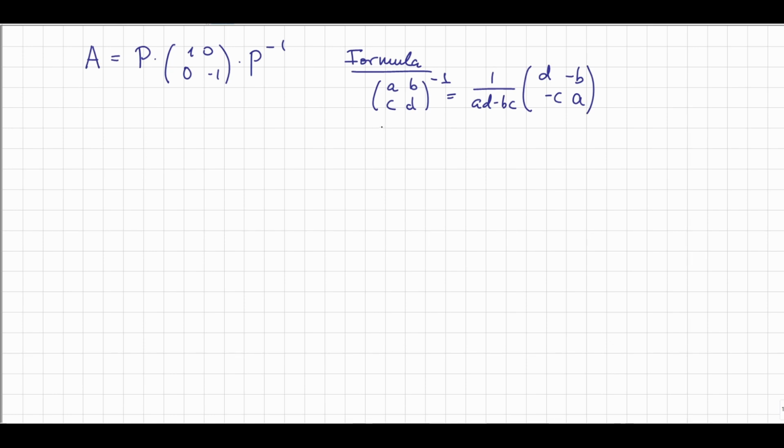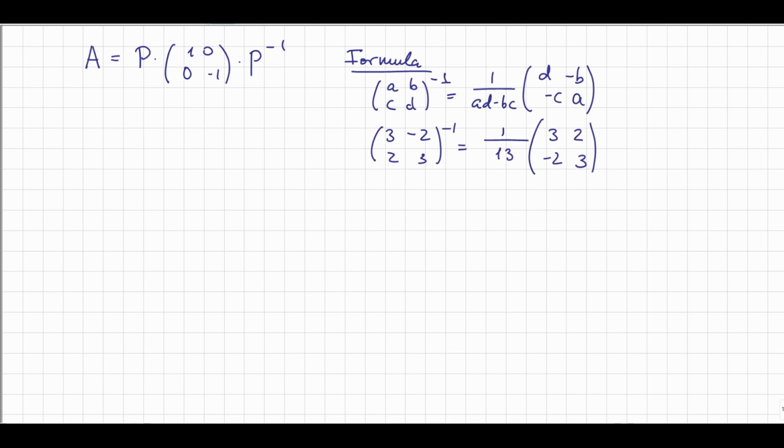Applied to our matrix, 3 minus 2, 2, 3 inverse is equal to 1 divided by the determinant, which is 9 plus 4, 13, and then 3, 2, minus 2, 3.